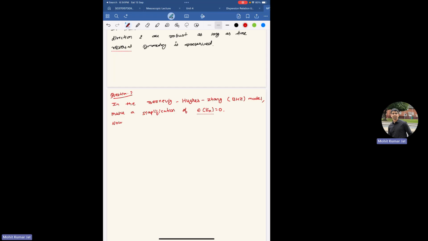And now find the eigenvalues of the BHZ Hamiltonian, and we'll express our results in terms of the coefficients A, B, and M.